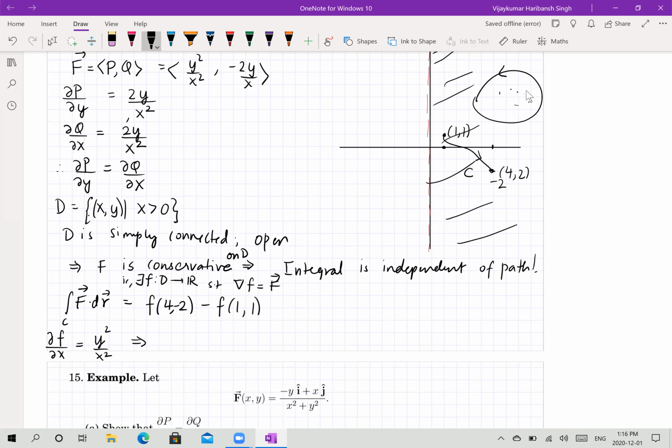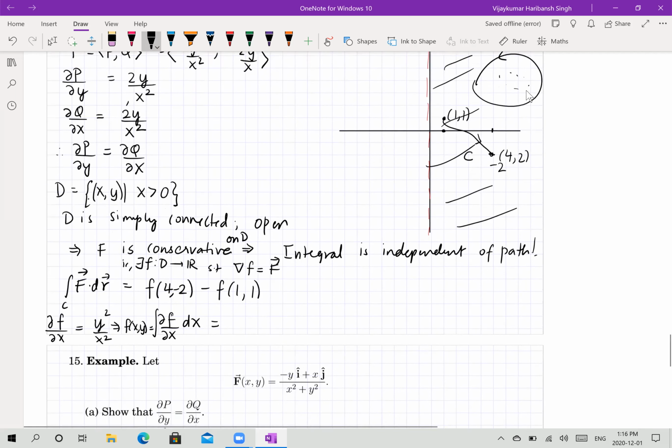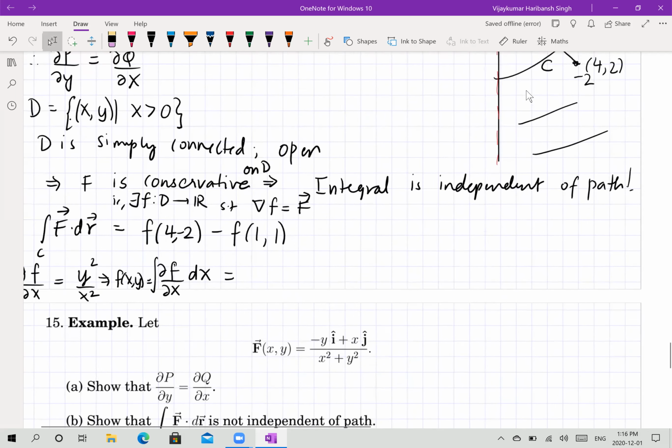This implies f of (x, y) equals the integral of dou f by dou x with respect to x. Let's compute this integral now.